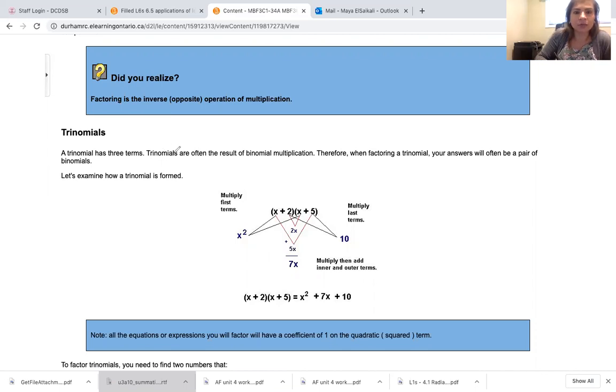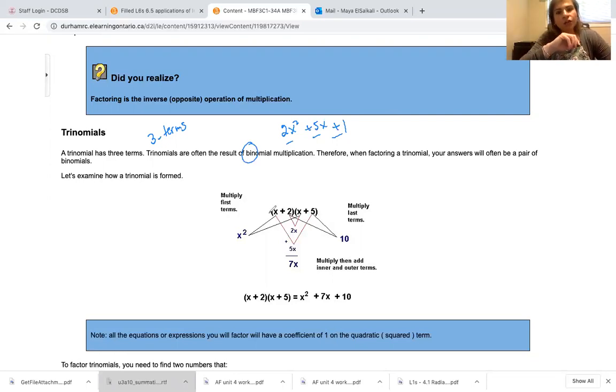Tri means three, so that means it's three different terms that are added or subtracted together. If I have, let's say, 2x squared plus 5x plus 1, this is a trinomial because I have three terms that are added or subtracted together. A binomial is two terms, because the word bi means two.